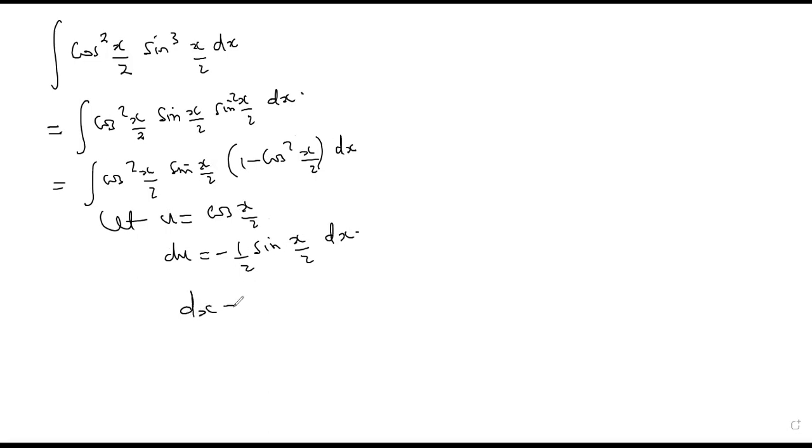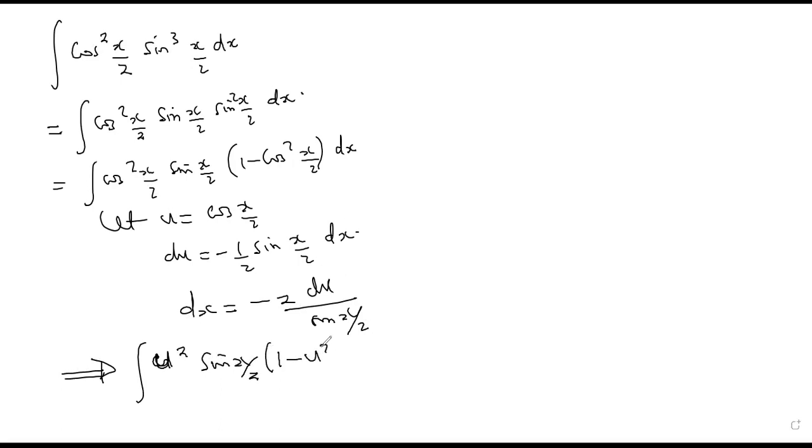So that my dx is going to be equal to negative 2 du over sine x over 2, implying that the whole integral is going to be, I let u to be cos x over 2, so it will be u squared, then sine x over 2 into 1 minus u squared again, times dx, which is negative 2 du over sine x over 2.